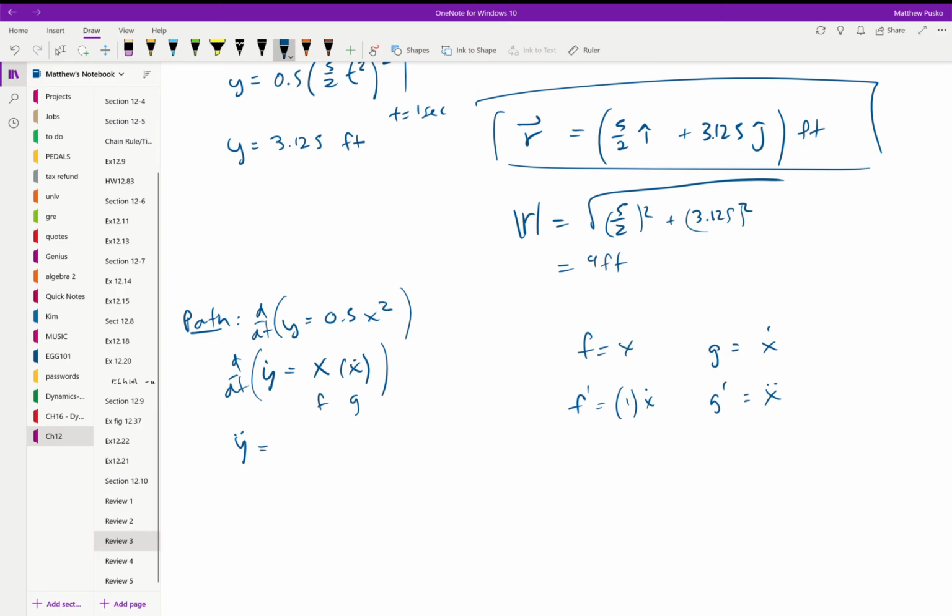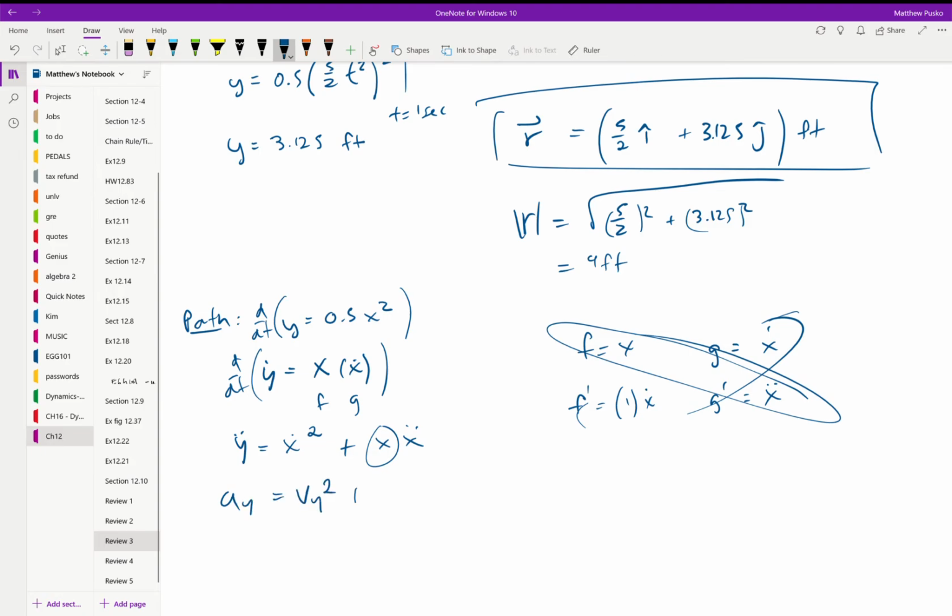So putting this all back together, we get x dot squared plus x times x double dot. That's why I said we'd need that x coordinate later. So what does this say? This says the acceleration in the y direction is equal to the velocity in the x direction squared plus the x coordinate times the acceleration in the x direction.